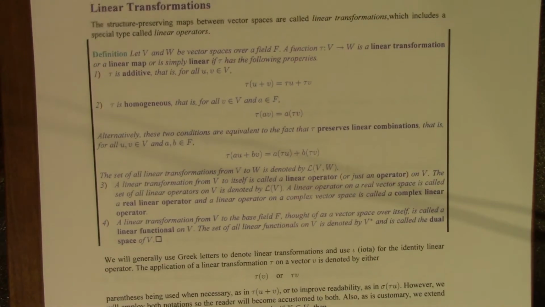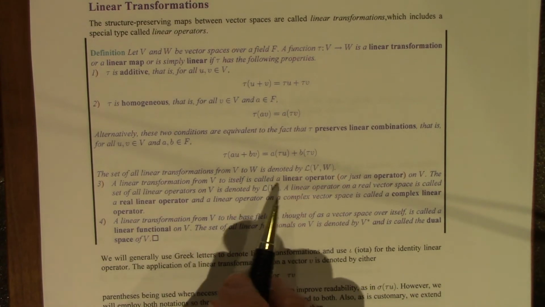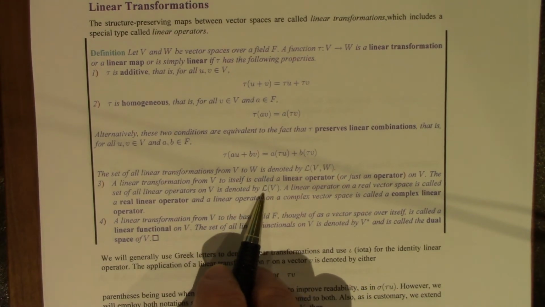A linear transformation from a vector space V to itself is referred to as a linear operator, or just an operator on V. And I'll denote the set of all linear operators on V by script L of V.